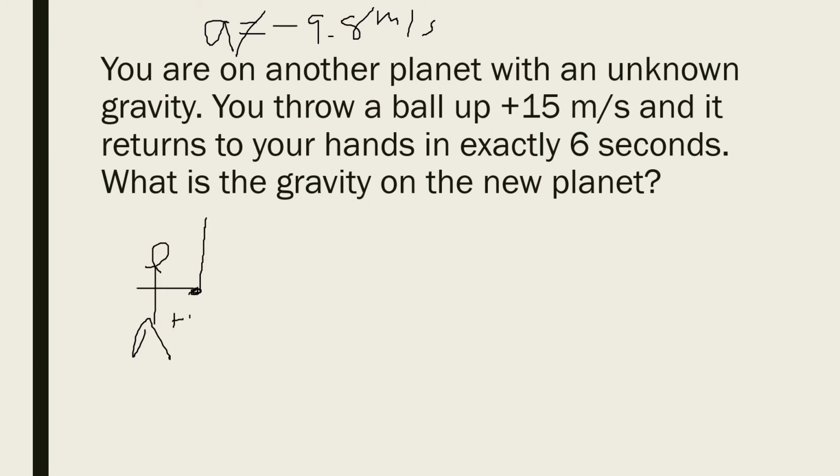I throw the ball plus 15. Even if gravity is not negative 9.8, vertical throwing still works the same. It's coming back negative 15. And it returns to my hand in exactly 6 seconds. If I know that, then that's 3 seconds up and 3 seconds down. And I know that the velocity at the top of the path is 0. That's always true. That doesn't depend on Earth's gravity. That's any vertical throwing.